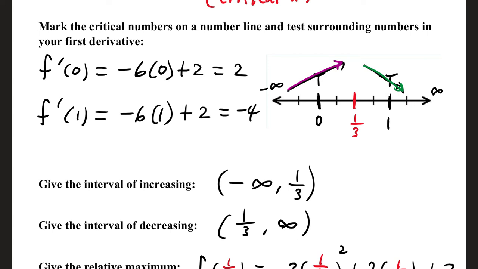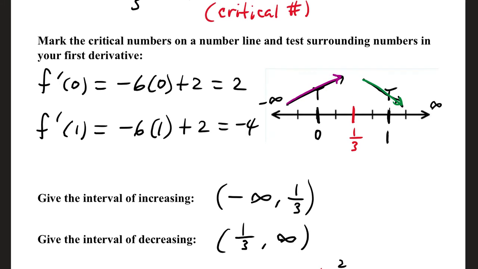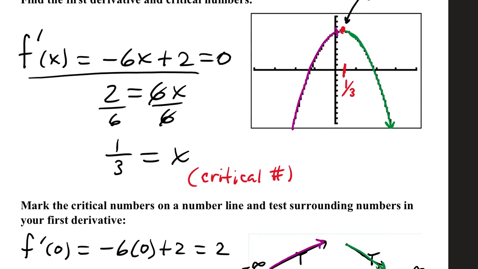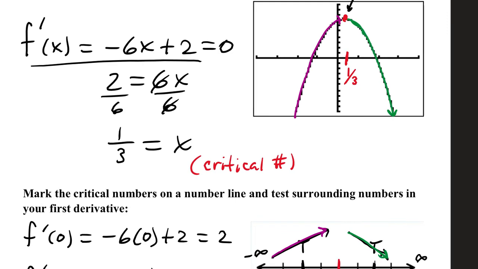This one, because the original graph is shaped like a hill, does not have a relative minimum. It will have a relative maximum, and that is the point right here at the very top of the hill. Now, in order to get the y-coordinate, we plug the critical number into the original function.